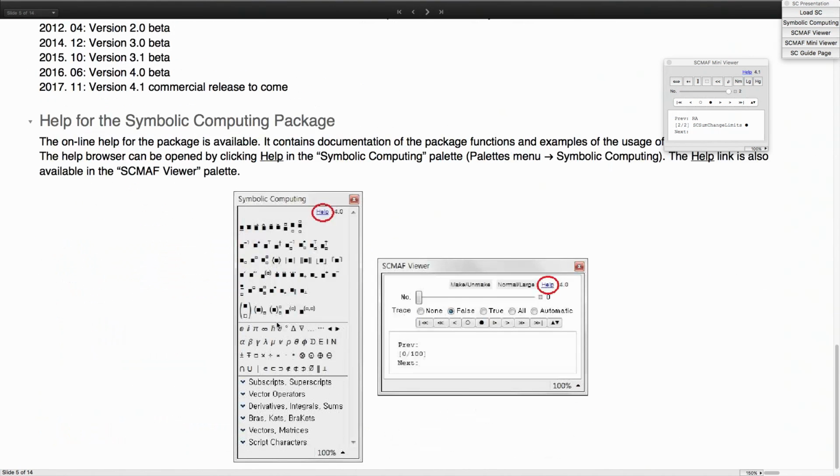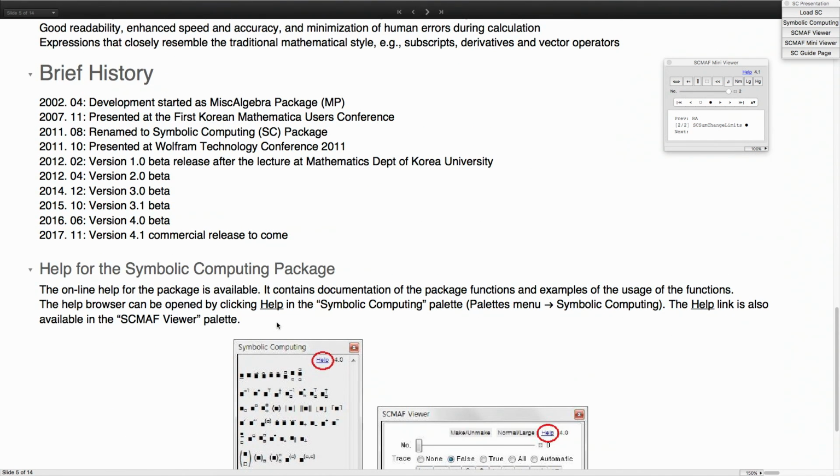Okay, the brief history. Development started about 15 years ago, followed by about 5 years of beta testing. Next month it is going to be released as a commercial product. This is the plan.